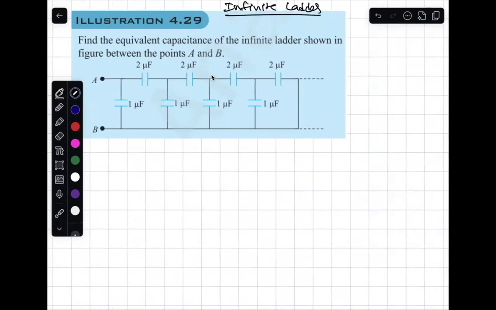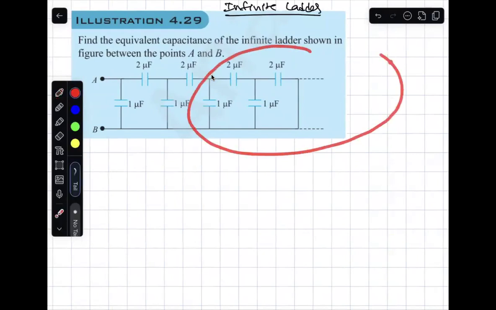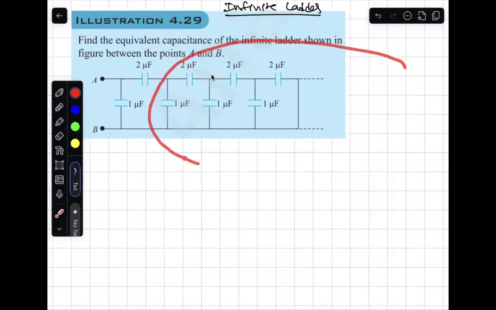Right. So, how to handle infinite circuits? The rule is, whether I cut the circuit from here or here, almost it is the same value, because infinite minus a very small quantity. Any doubt till this point?